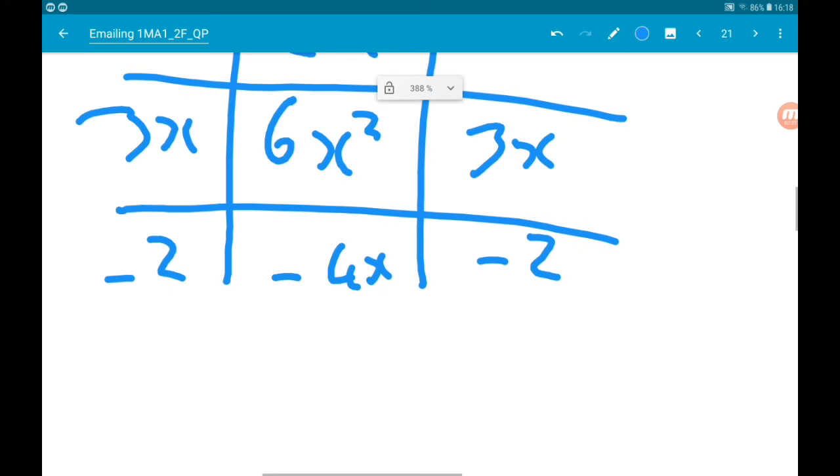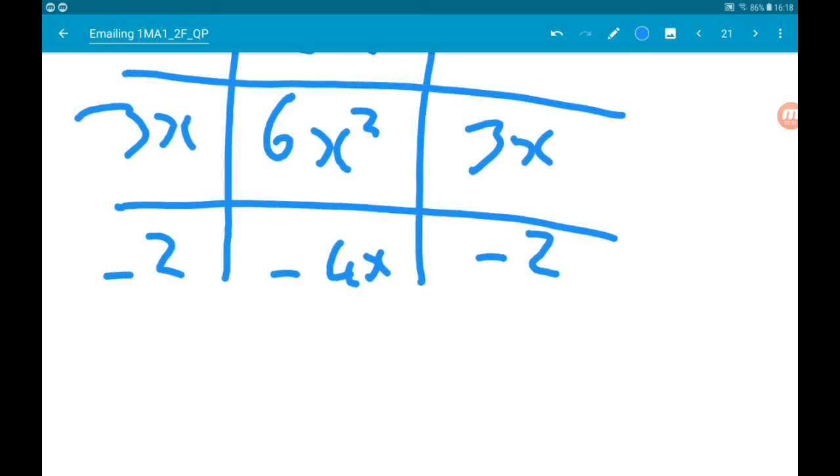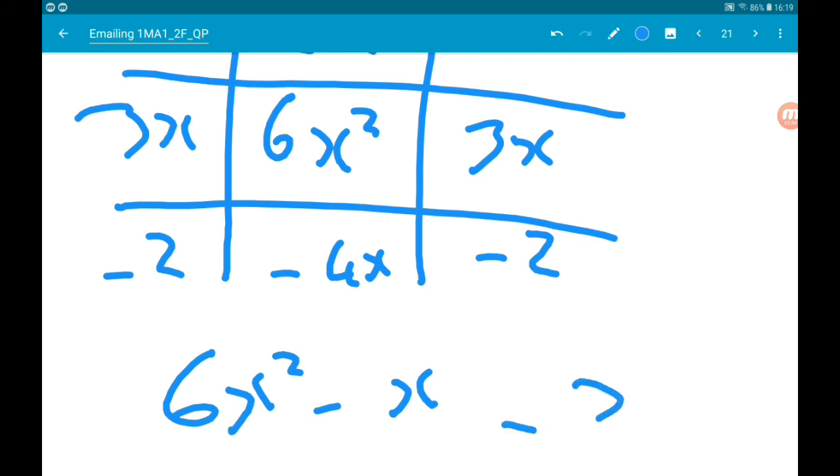Now we need to simplify. So that means we need to take everything out of the table and combine what we can. So we only have the 1x squared term. So we have 6x squared. Now we have minus 4x add 3x. So that's minus 1x. And then we just have minus 2.